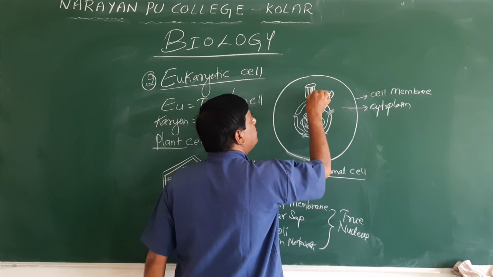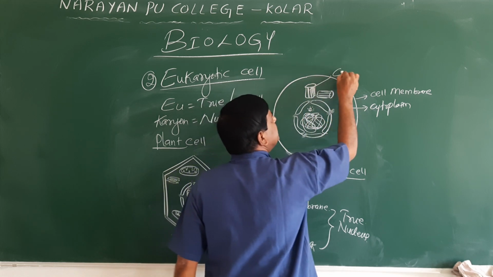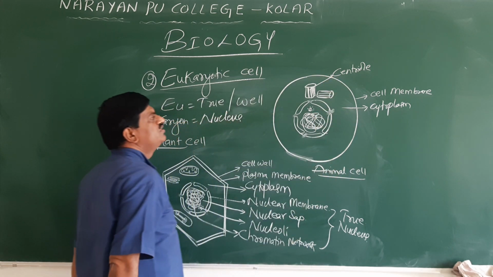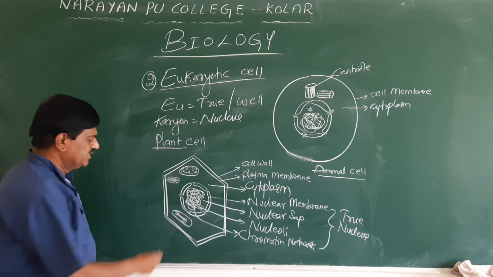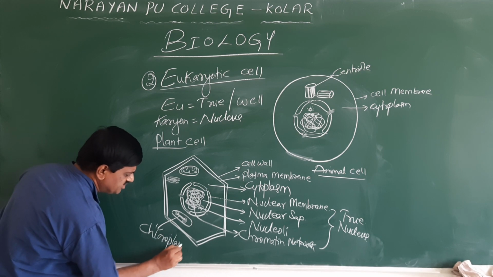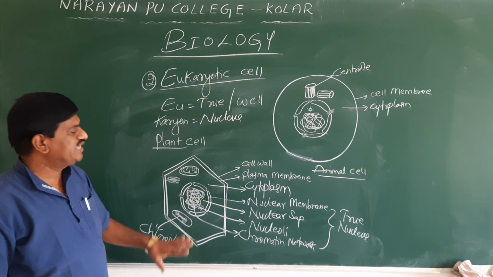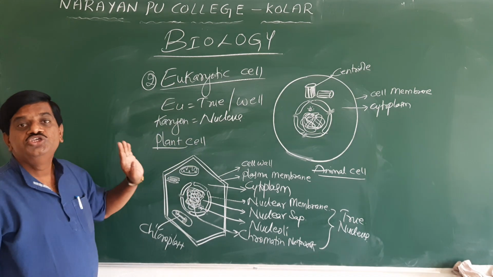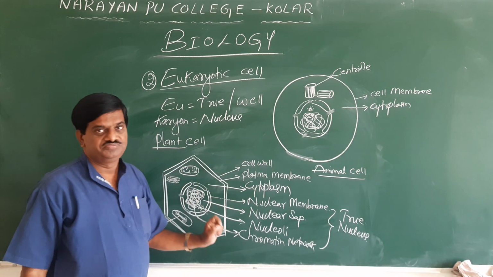So here, a pair of centrioles is present in the animal cell. Whereas in the plant cell, centrioles are absent, chloroplast is present, and in animal cell it is absent. So there is a well-developed nucleus, hence we call this a eukaryotic cell.